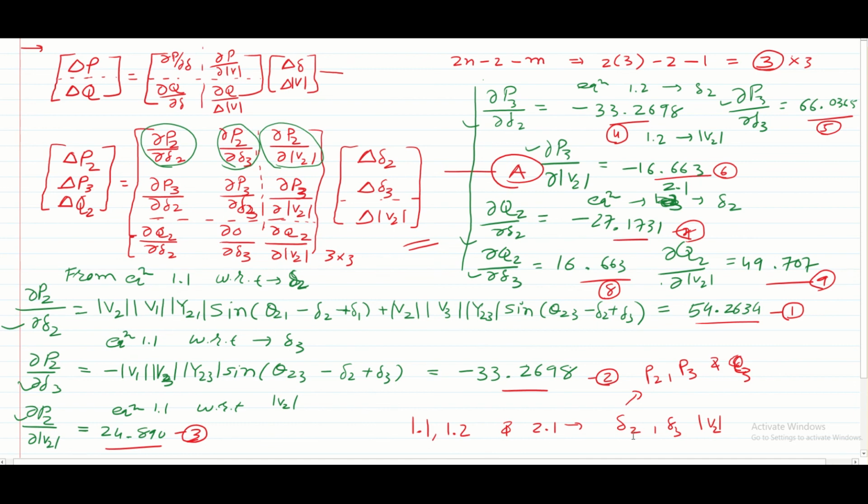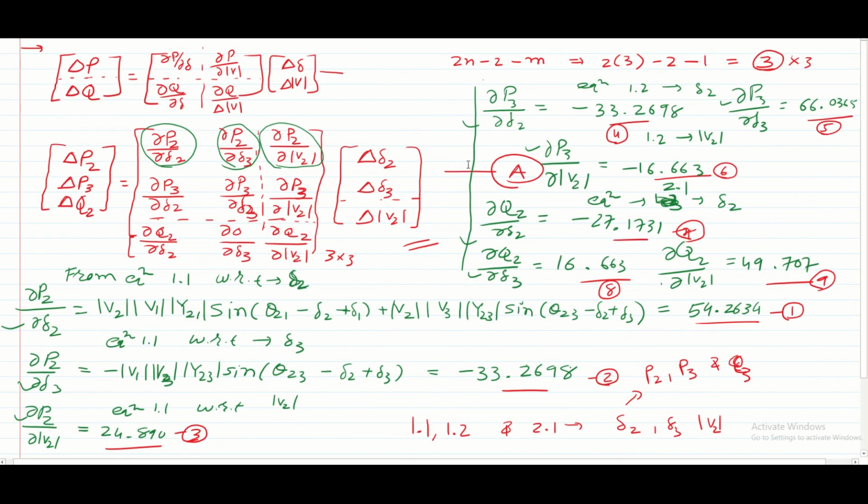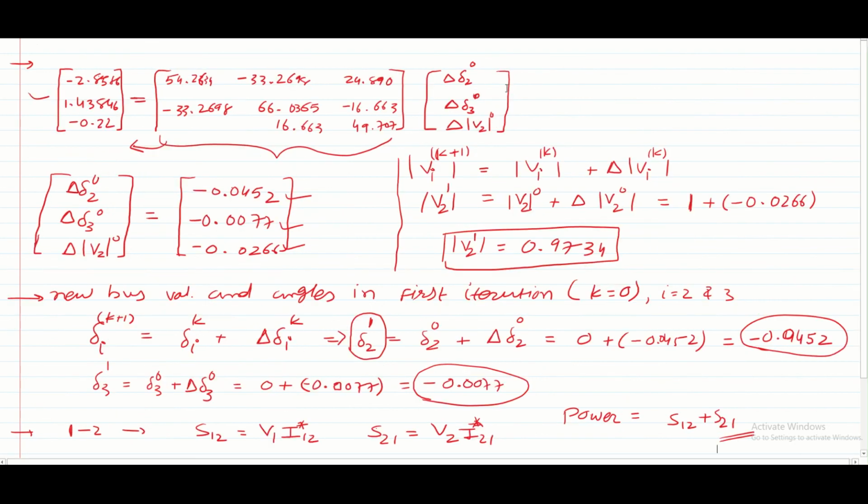Here we have considered the differentiation of P2, P3 and Q3 with respect to delta 2, delta 3 and magnitude of V. Okay. Then what we have to do is substitute all the values in matrix equation A. So we will get the final matrix of this type.